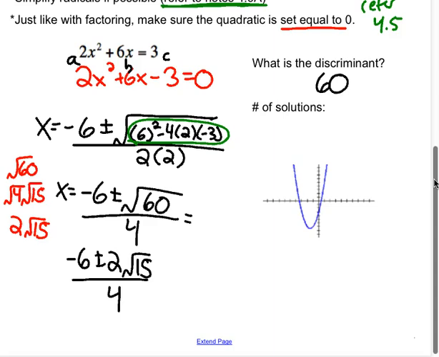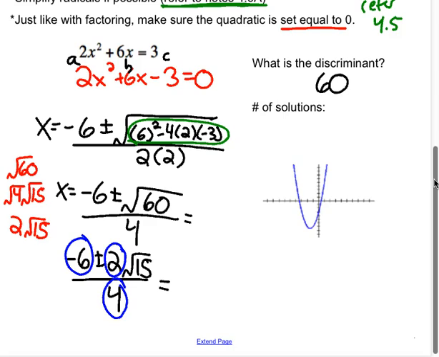And what I want you to notice, each of those numbers can be divided by 2. Notice I'm not considering what's inside the radical. I'm only considering the negative 6, the 2, and the 4. Each of those are divisible by 2.